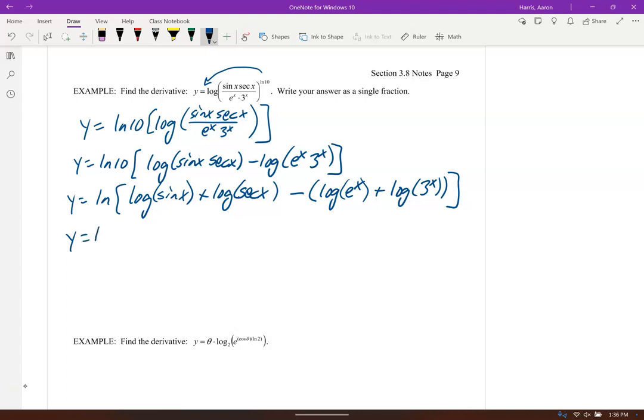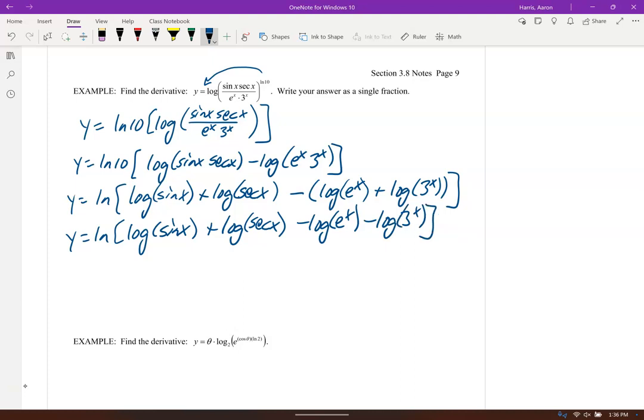So here's what we got. y equals ln of 10 times log of sine, plus log of secant, minus log of e to the x, minus log of 3 to the x. Let's go ahead and finally take the derivative. So y prime, dy dx, would be, oh gosh, that had a ln of 10 on that.